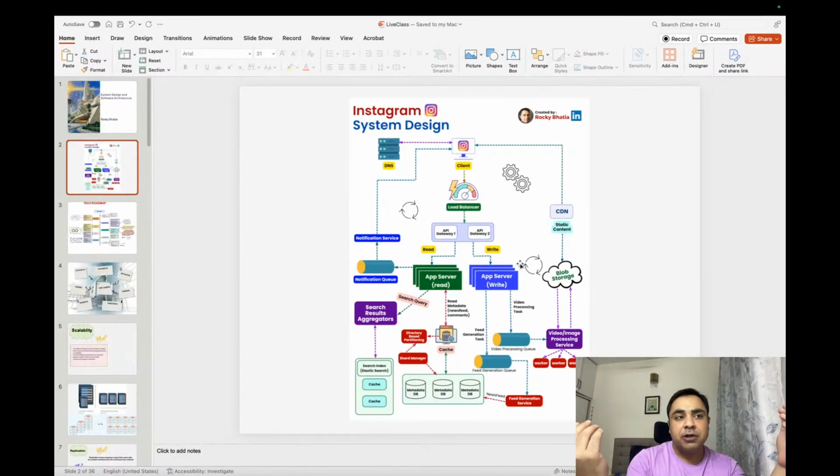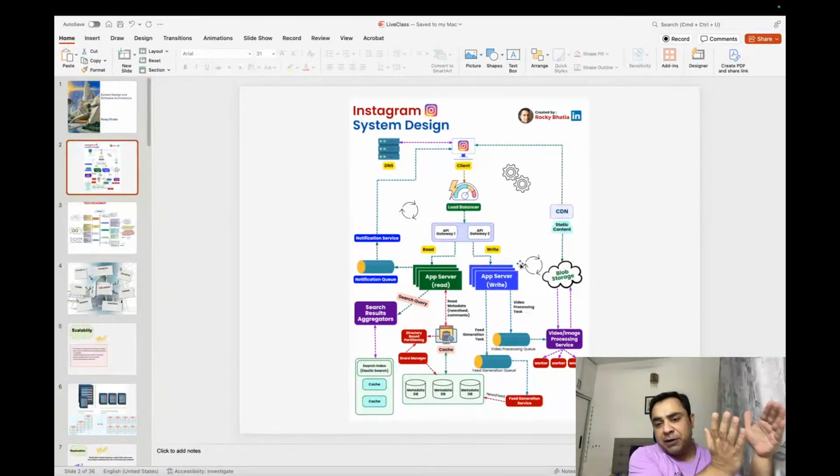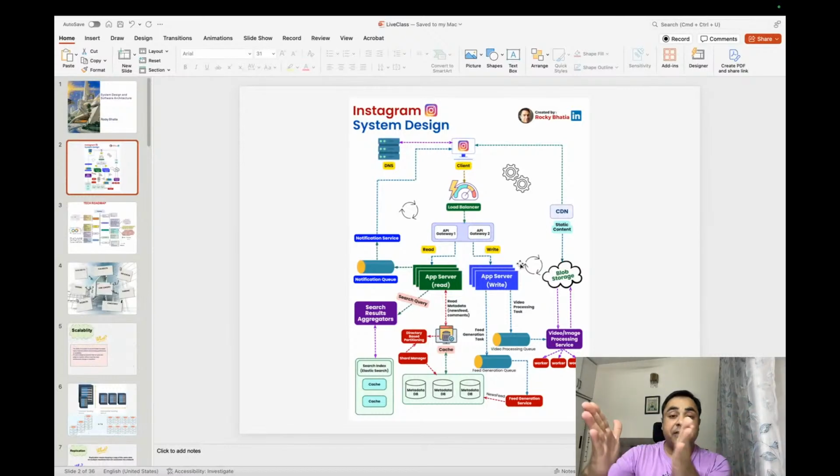If you think about any large systems or social media systems that we talk about, there are very few components that will be required in each of the system designs that we are going to talk about. So let's say if you are going to talk about YouTube, Instagram, or Facebook, we are dealing with a massive number of users, and we might be dealing with a lot of data of different types.